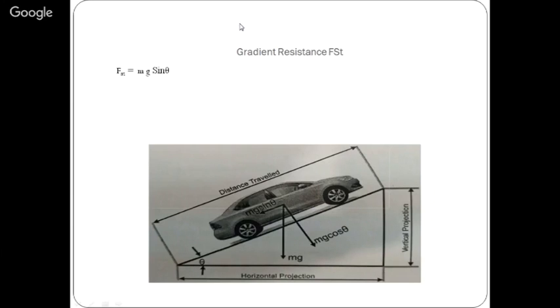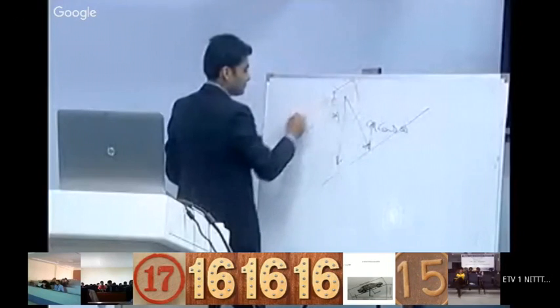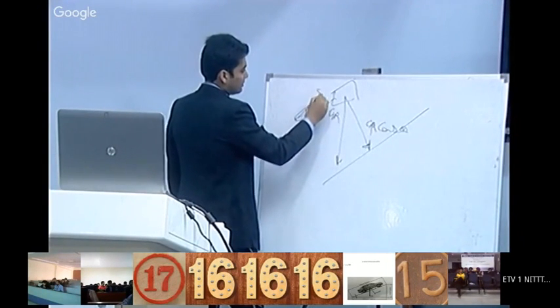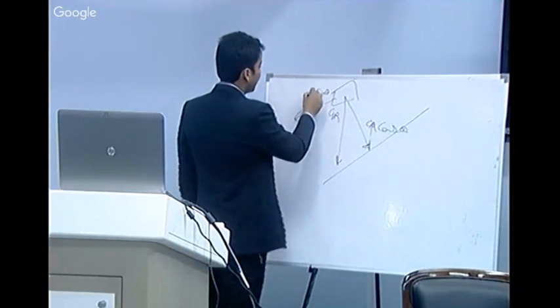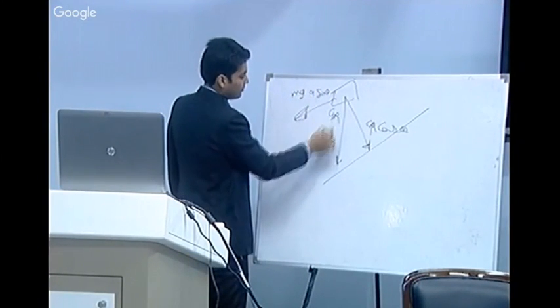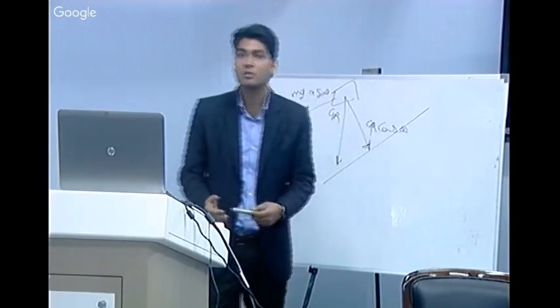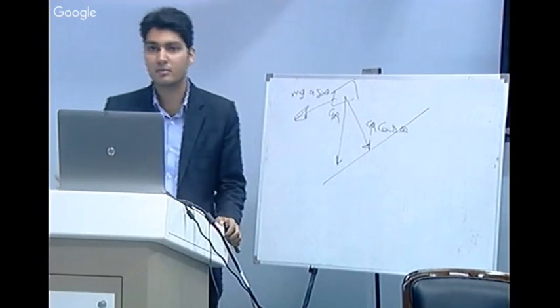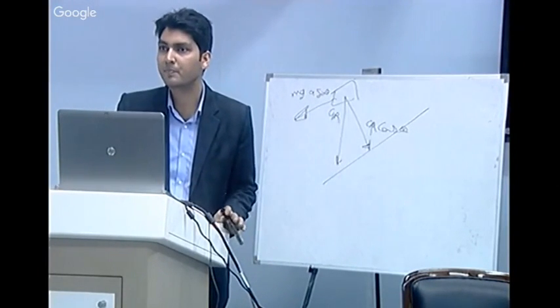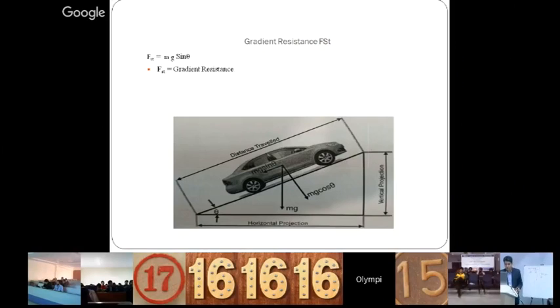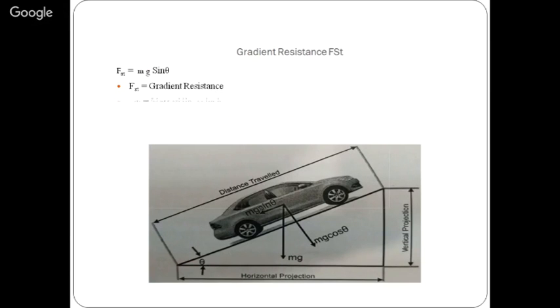And this sine theta component is directly multiplied by the weight. This much force is required to climb. Clear? Now this is the gradient resistance: Fg, the mass of the vehicle, acceleration due to gravity to convert the mass into force, and the angle of the gradient.